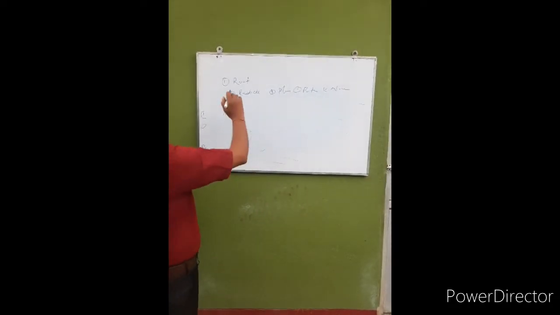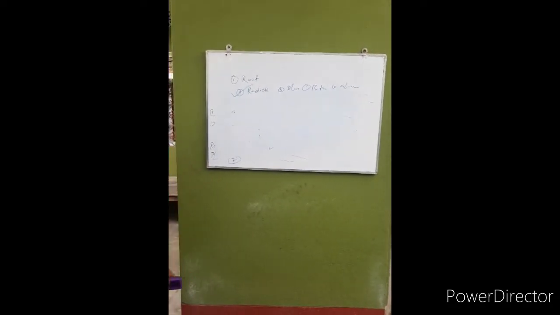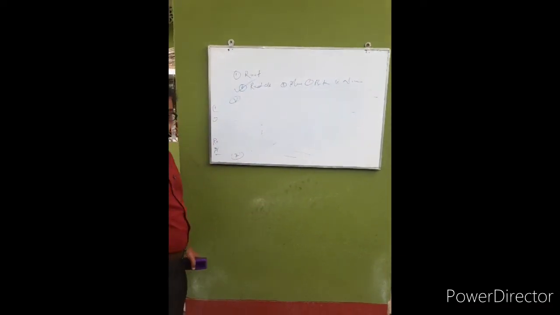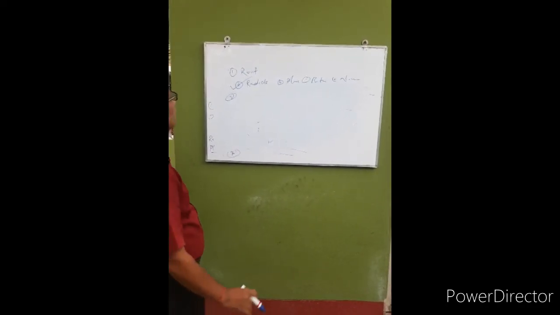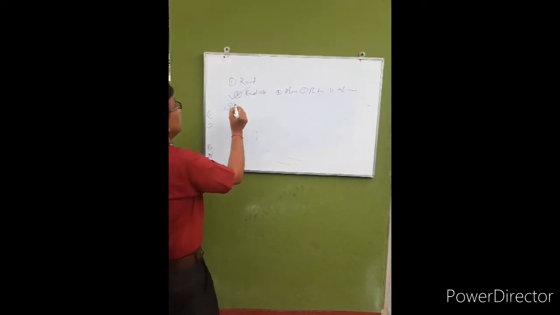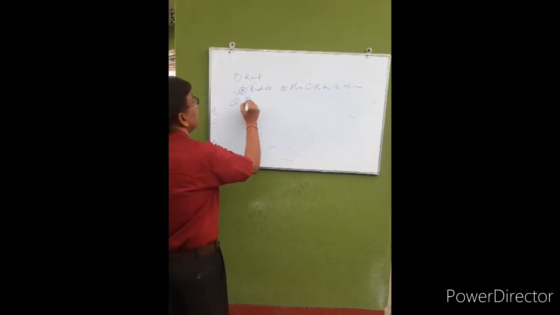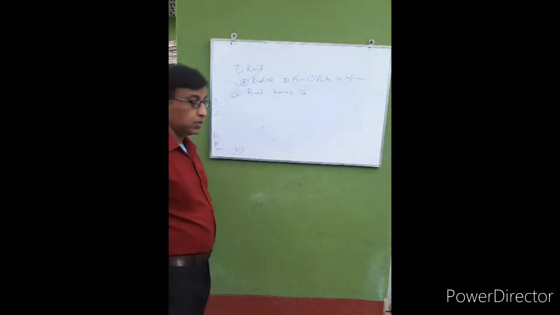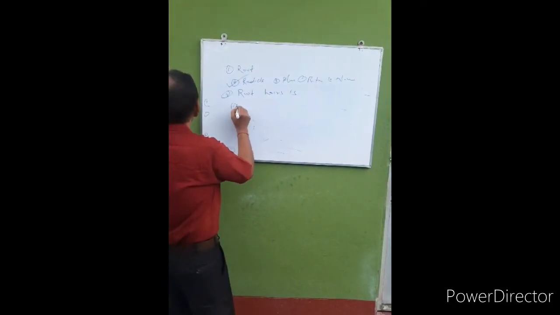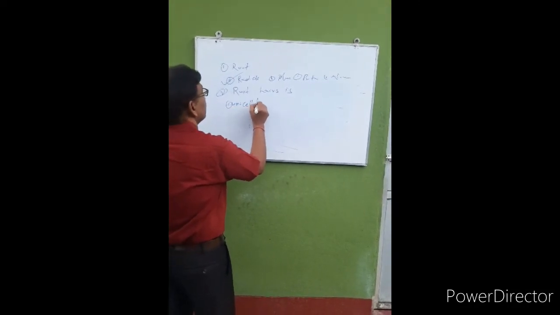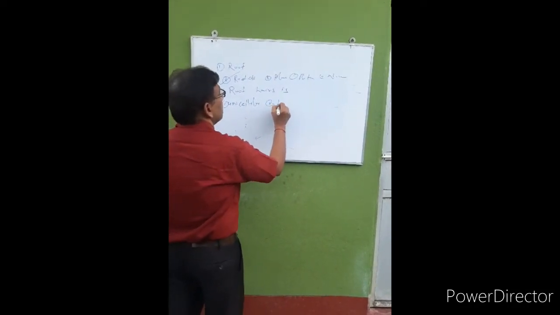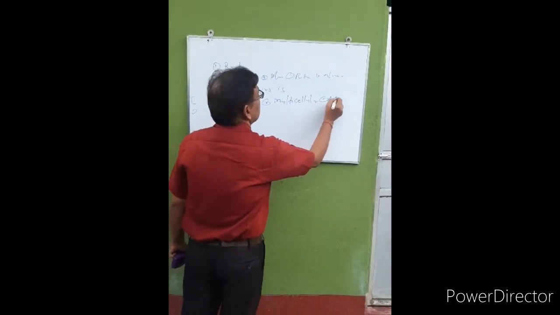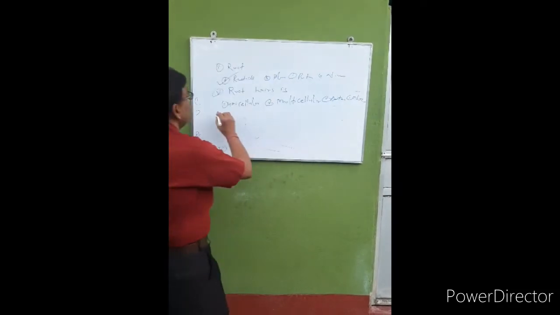Your answer will be radicle. Second question, which is most important for you: root hairs are. Option one unicellular, second option multicellular, third option both, and fourth none. Your answer will be unicellular.